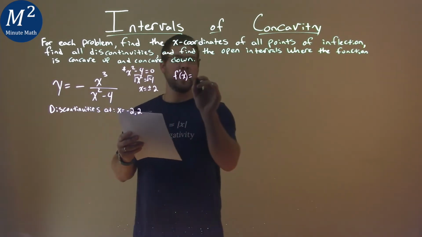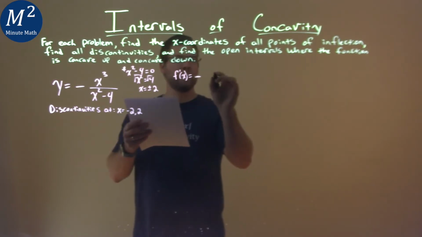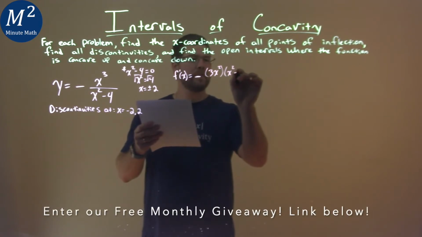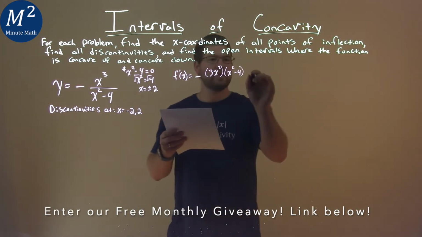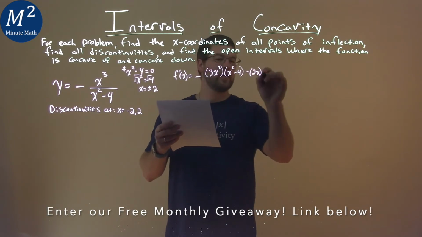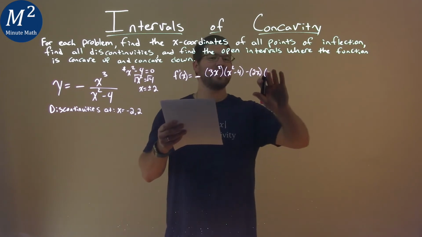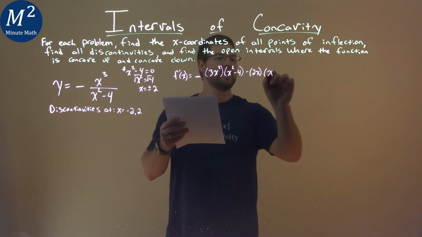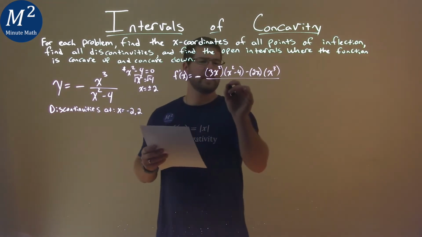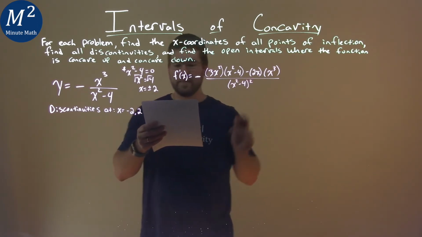Negative stays out front here, and we have the derivative of the numerator, 3x squared, times the denominator, x squared minus 4, minus the derivative of the denominator, 2x, times the numerator itself, x to the third power. Oh, sorry, the derivative is 3x squared, and the numerator is x to the third power. Almost messed this whole thing up. Pay attention to my notes carefully here. Denominator squared, x squared minus 4 squared.